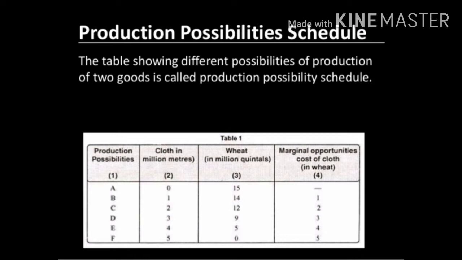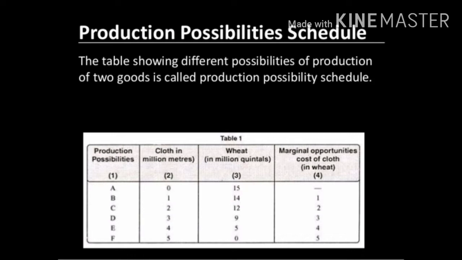So in this schedule you can see in the first case, that is in combination A, there is no cloth production. Cloth production is 0 and wheat production is 15 million tons. Suppose if we want to increase the production of cloth, that is combination B, you check that if they want to produce 1 million meter of cloth, they have to sacrifice 1 million quintal of wheat.